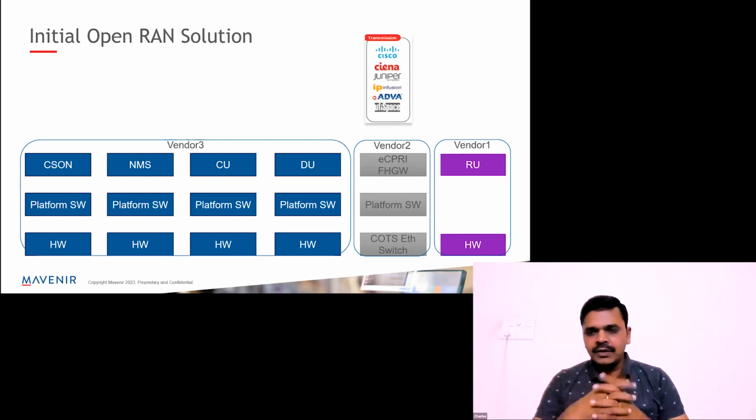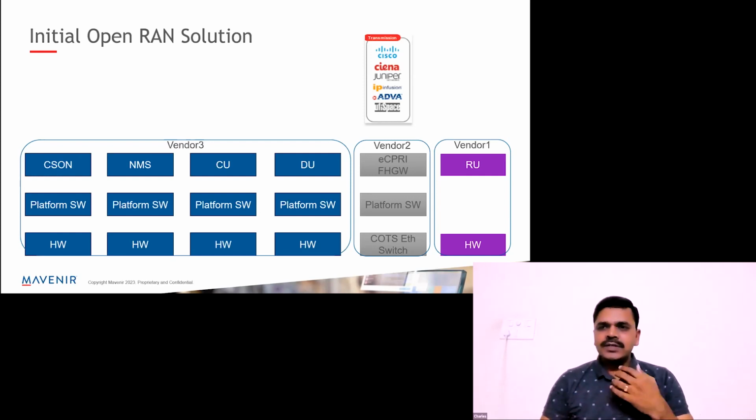If you look at the fronthaul interface, CPRI got replaced with eCPRI. That brought in room for any vendor, not a custom hardware, which can come in as a fronthaul gateway module. And also, because it is an open fronthaul and it is interoperable, the radio vendors can be anyone compared to the RAN vendors.